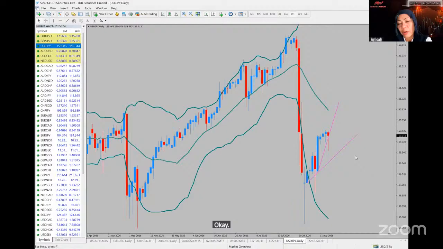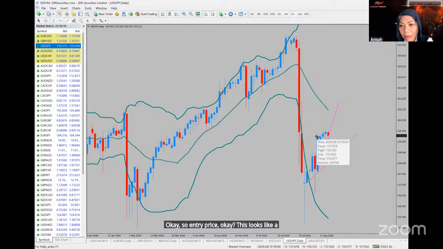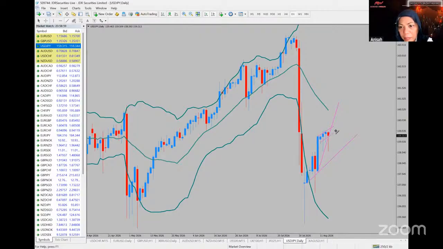Okay, so entry price. This looks like a bit of a flag chart pattern. How do you use the flag chart pattern in the making?